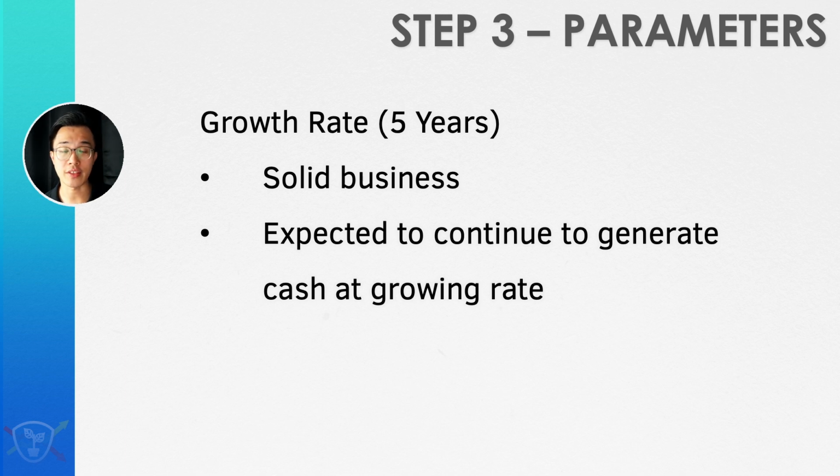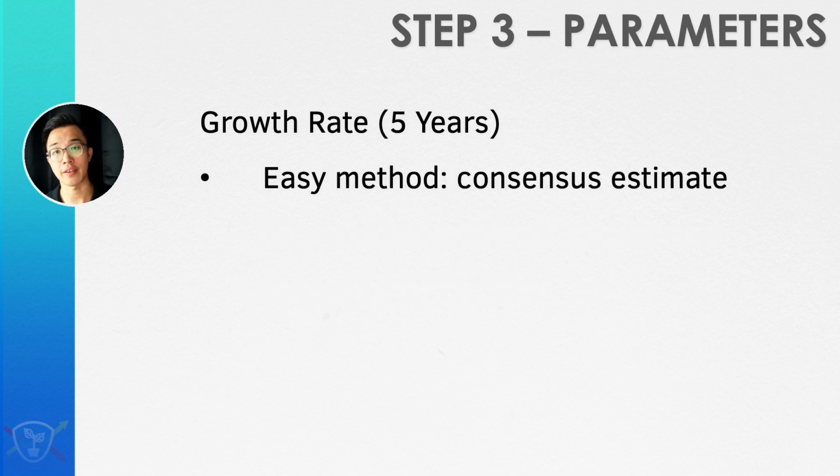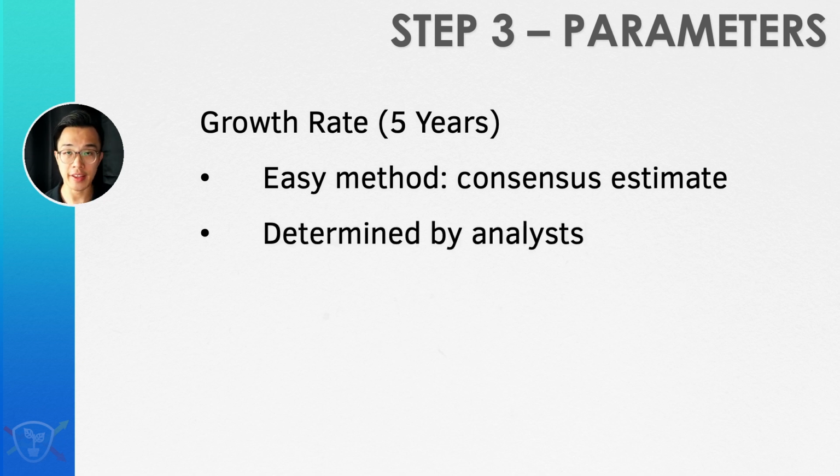There are a number of ways to choose this particular growth factor. The easiest way is to use consensus estimates. Basically, this is a number that is determined by analysts who study this stock, and they think that the company will grow by this percentage number over the next number of years. So how do we find this number?